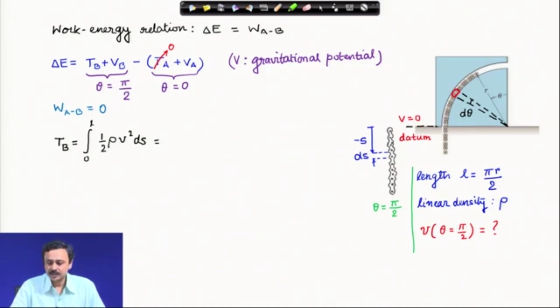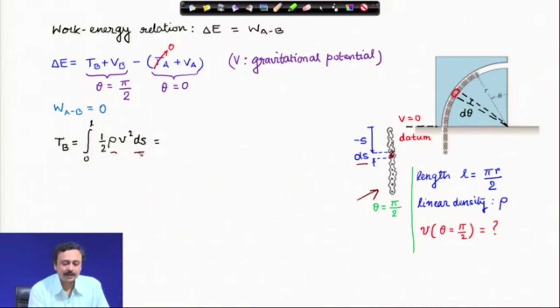At B, which is this vertical configuration which I have drawn here, the kinetic energy is, imagine you have a short length of this chain as ds. Then rho times ds, rho is the mass per unit length, and therefore, rho times ds is nothing but the mass of this little element, which I have marked out.